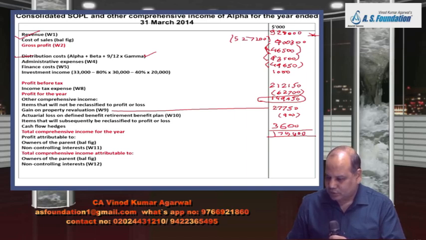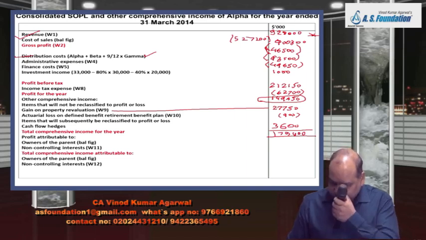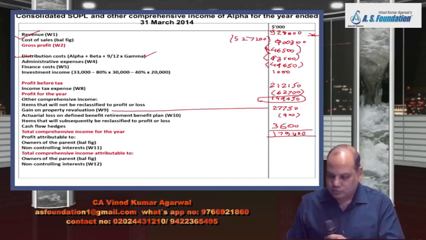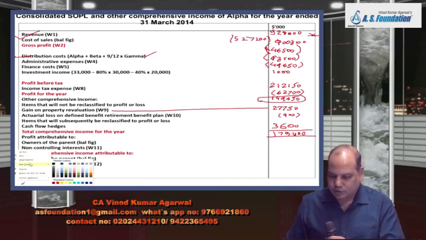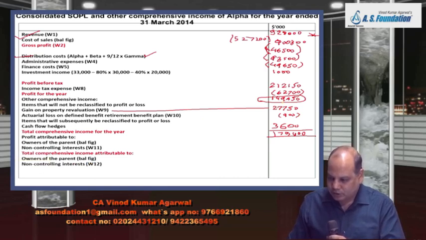Now just wait for a minute. I have to now divide the profit after tax figure between parent and NCI. And then I have to divide this total comprehensive income between parent and NCI. Okay.